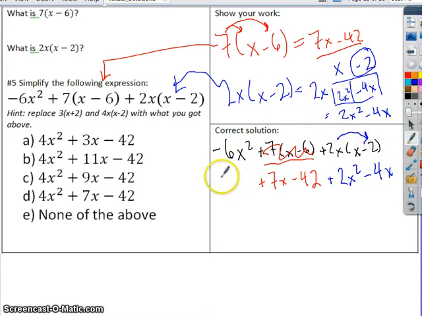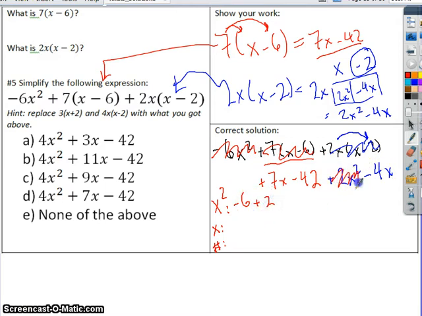And then I'm adding that to negative 6x squared. So from bottom to the top, I've got my x squares here, I've got an x, and I've got a number. For the x squares, I've got negative 6 here and positive 2 here.